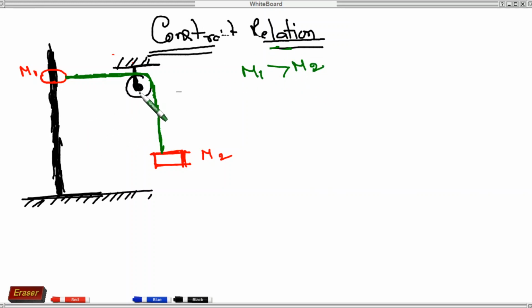So suppose it started moving, after some time this m1 will come down. Suppose it reaches here after some time, and this mass reaches here.